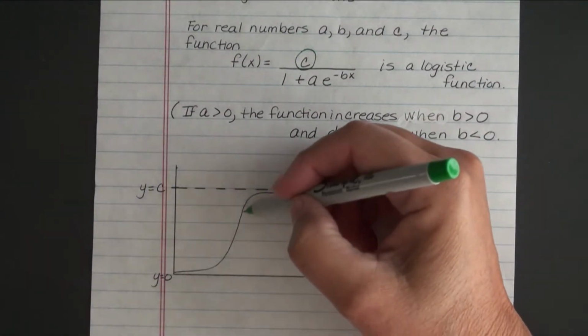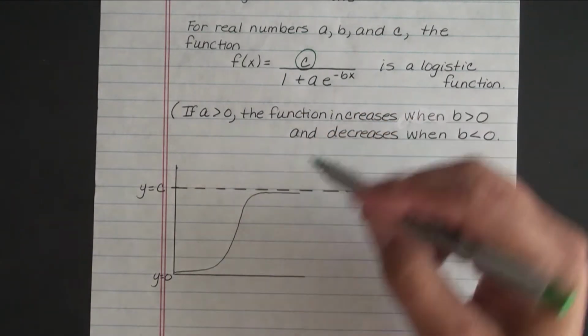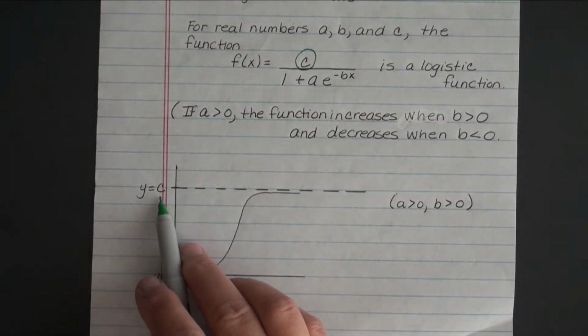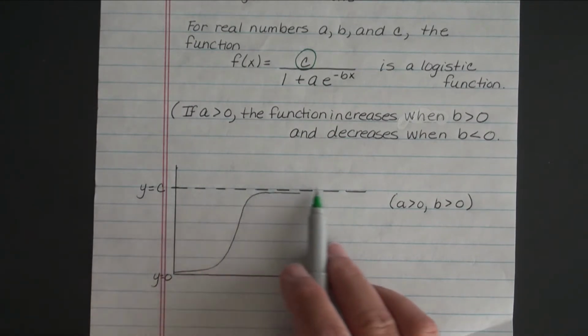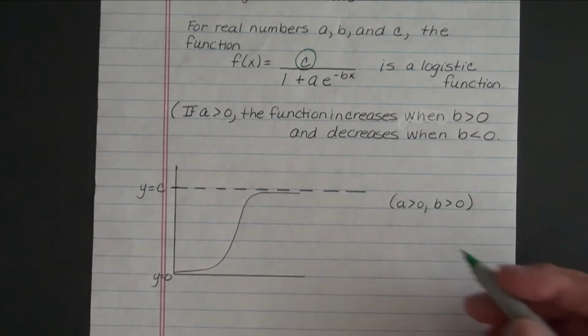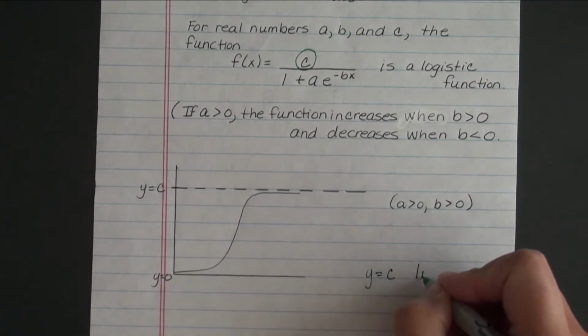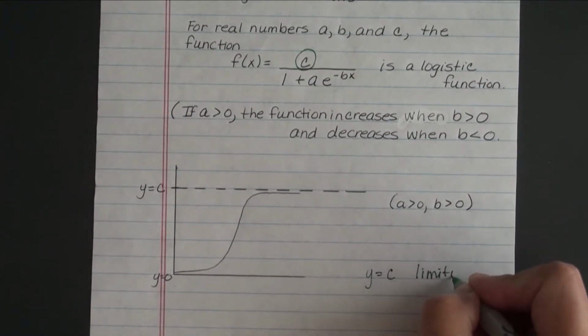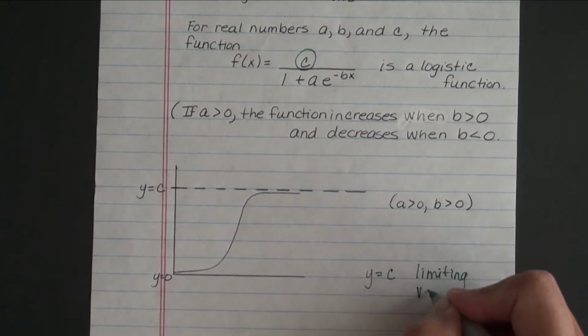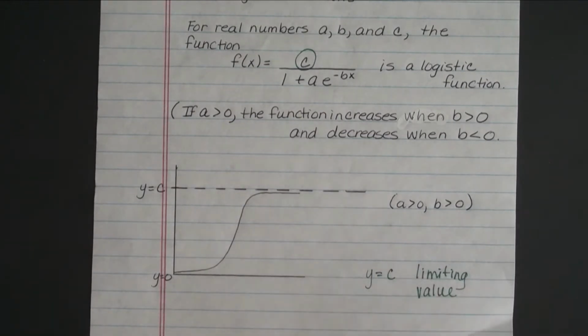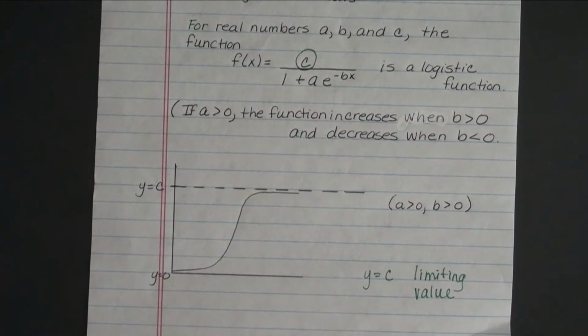So our graph will approach but never cross the line y equals c. That makes y equals c the limiting value of the function. Okay, so that's the definition of a logistic function.